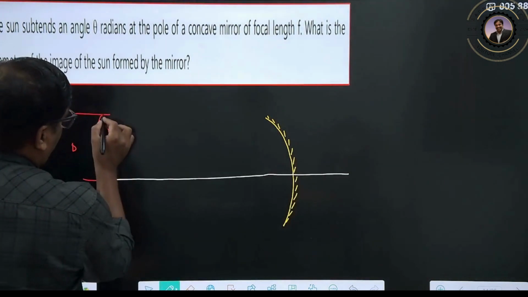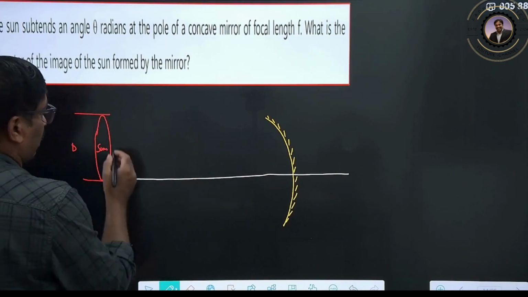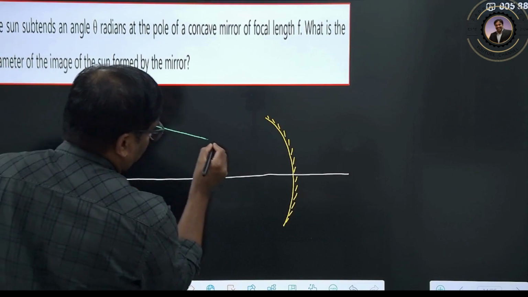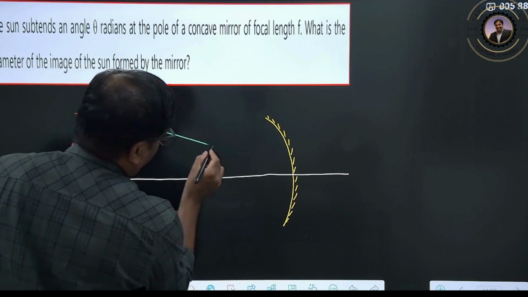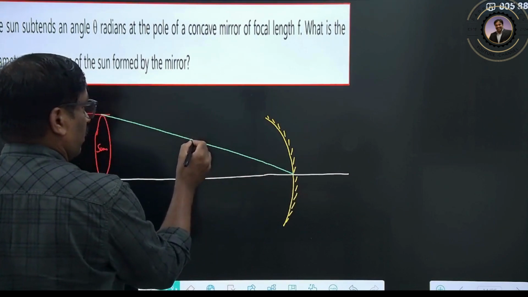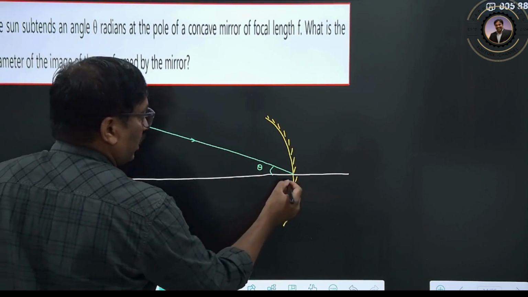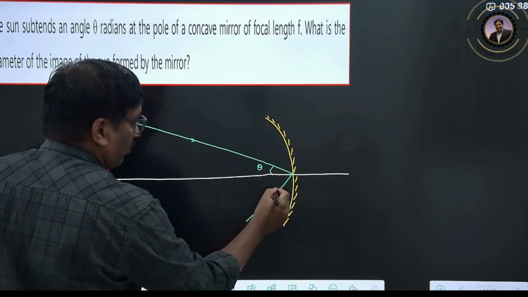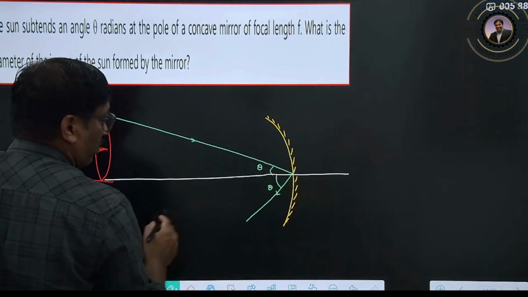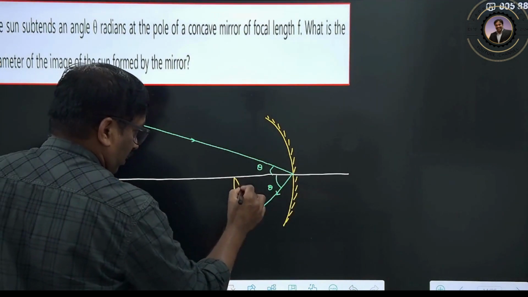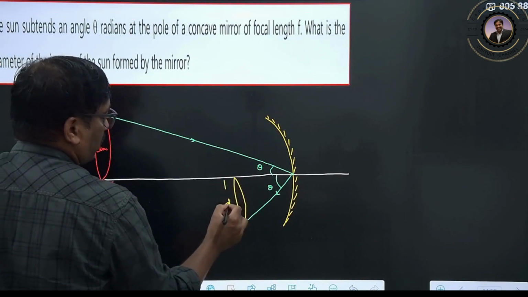This light ray comes from a very far away, almost infinite distance, and falls onto the mirror. Here it makes an angle theta, therefore it will get reflected back with the same angle theta, and an image of the sun will be formed. This is the diameter of the image of the sun.